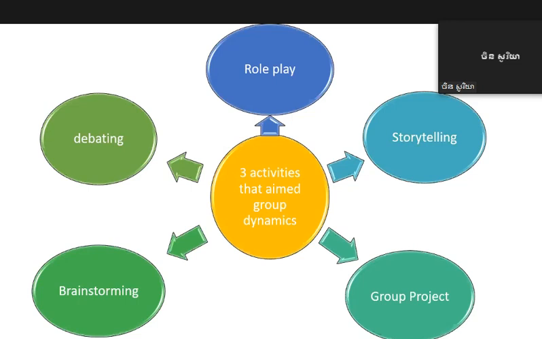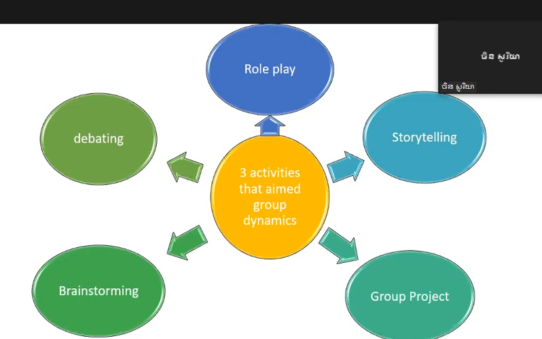So everyone expresses ideas, while one student takes notes, called the secretary, and one student is the presenter who presents to the class. These are some activities that aim at group dynamics.